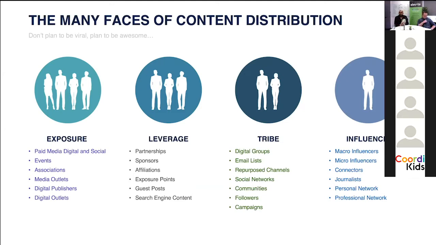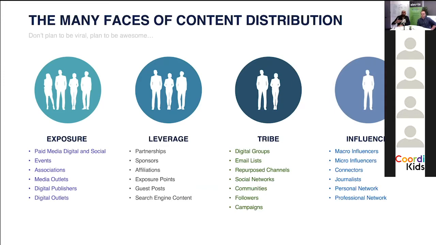The big difference is a macro influencer could be a celebrity or someone with a bigger scale. A micro influencer is someone that might have a targeted niche or might be specialized in one specific area, and that's what they're passionate about. We're looking at connectors, journalists, personal networks, professional networks. And this really is your first circle of influence.